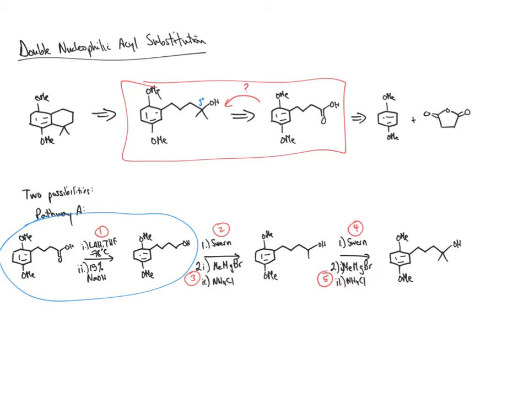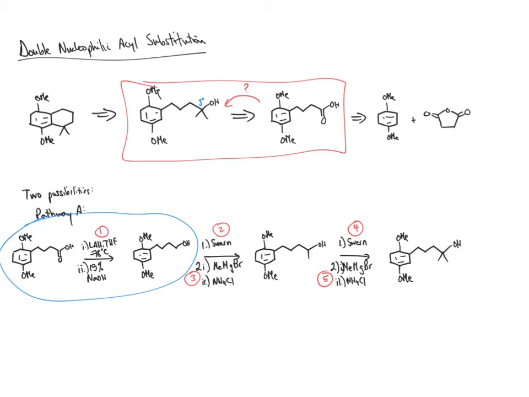So let's actually see what this mechanism looks like. We could take LAH, as I mentioned, and react it twice to give us this alcohol, reduce the acid to the alcohol, then perform a series of oxidation and Grignard reactions to arrive at the final product. But this would really be quite long, right?